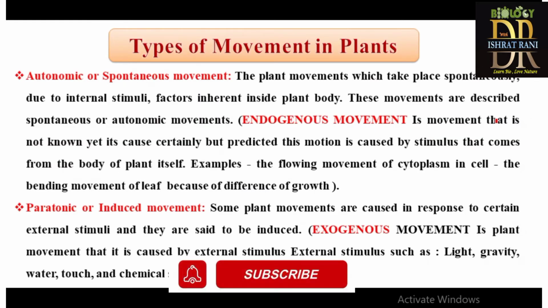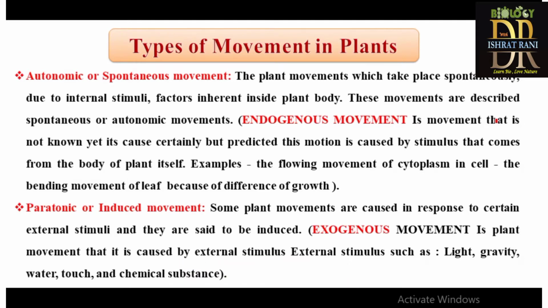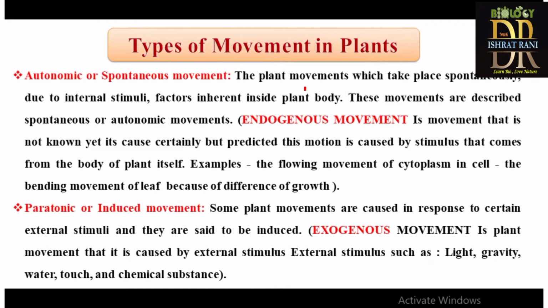The first one is autonomic or spontaneous movement. What is the meaning of autonomic or spontaneous movement? These movements take place spontaneously due to internal stimuli or factors inherent inside the body, because that factor is present in their genes, in their chromosomes, and they respond due to internal stimuli.